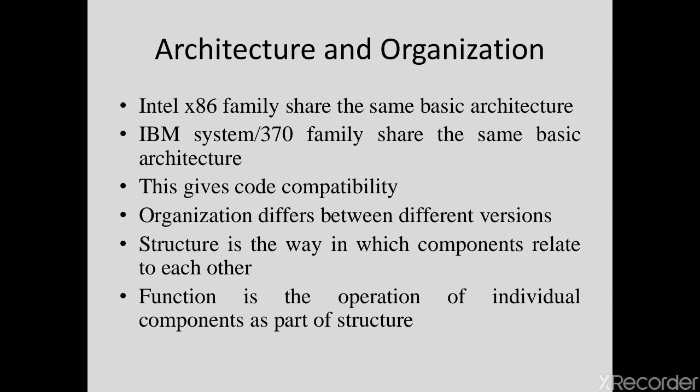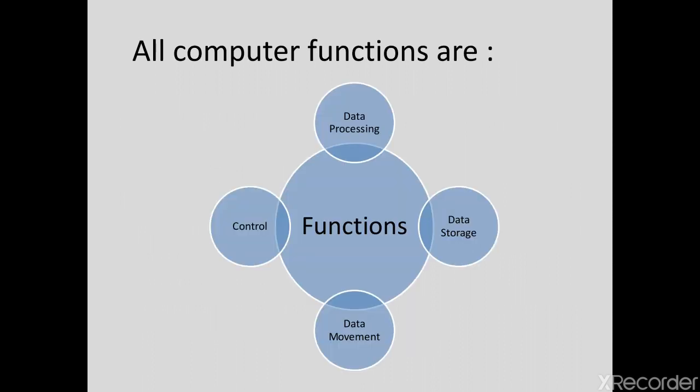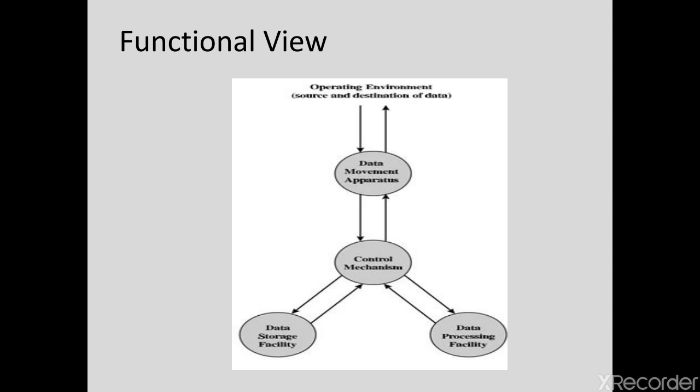So there are various functions related to the computer system. A computer system is expected to perform data processing, data storage, data movement, and there is a unit which controls all of the processes, that is the control unit. So here we have a functional view of a computer system. This is generally an operating environment.